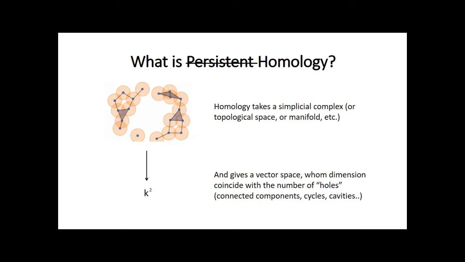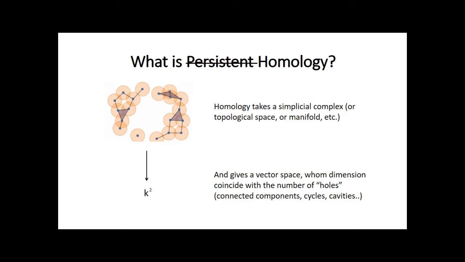It's enough to know that it's a process that assigns to these geometrical entities, which might be a simplicial complex, but can also be a topological space, a manifold, or any kind of geometrical entity, a vector space in such a way that the dimension of that vector space coincides with the number of holes of the intuitive idea of holes you have.